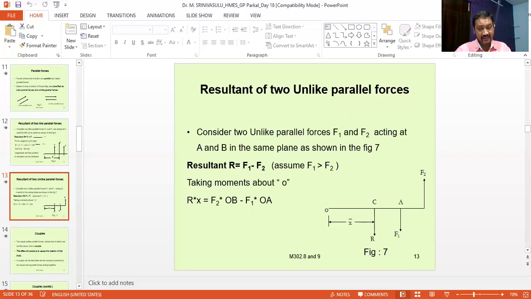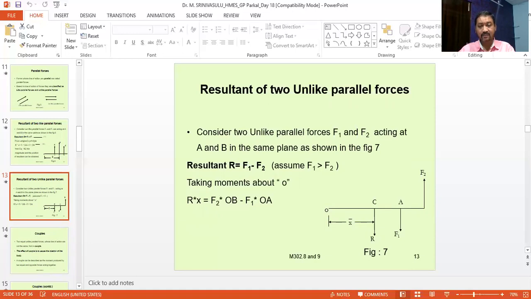In the present case, F1 is more than F2. Therefore, R is equal to F1 minus F2, and R will act in the direction of F1, that is downwards. Here also the distance at which R is acting can be found by the principle of moments.